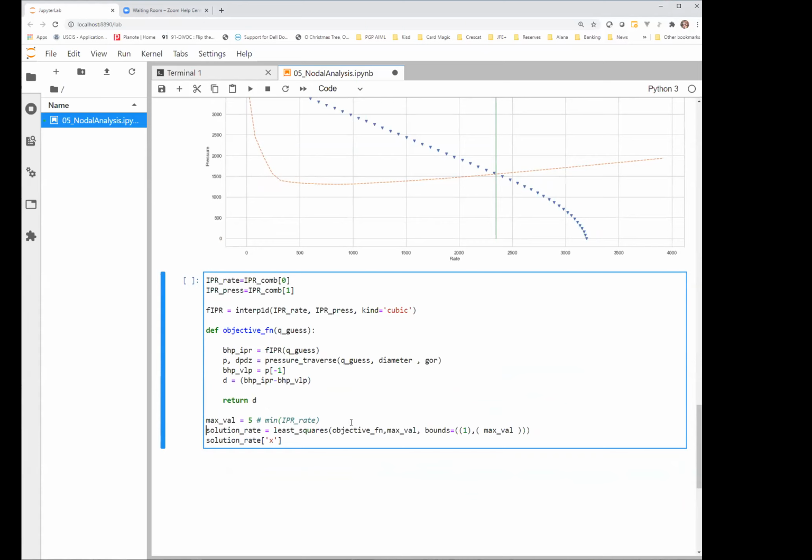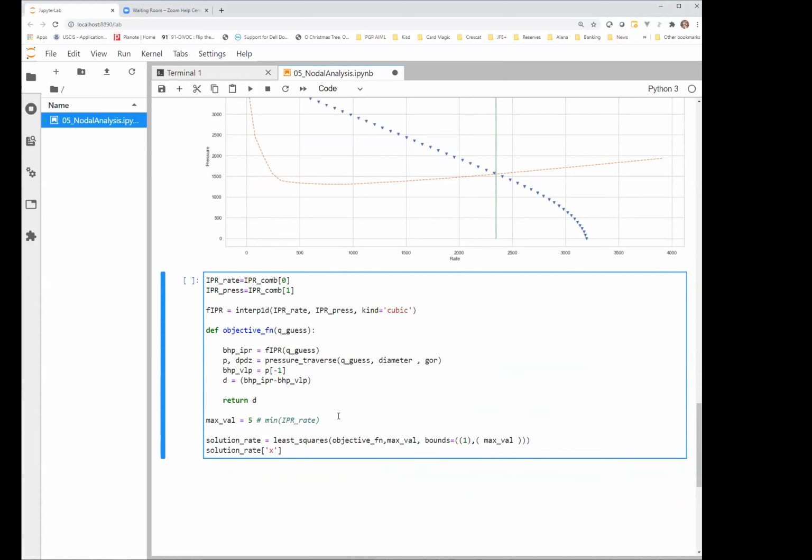Okay. So it's practically the same operating functions. The pressure from the IPR is going to be interpolated, but the pressures from the VLP are going to be calculated for every single point.